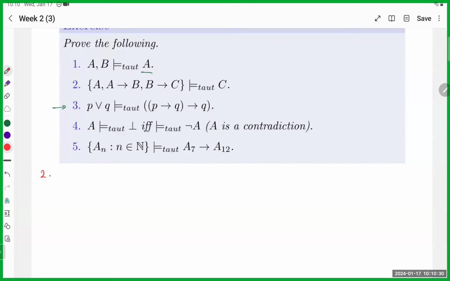So suppose V is a state such that it satisfies all 3 formulas. That means V of A, V of A implies B, and V of B implies C, they're all true.